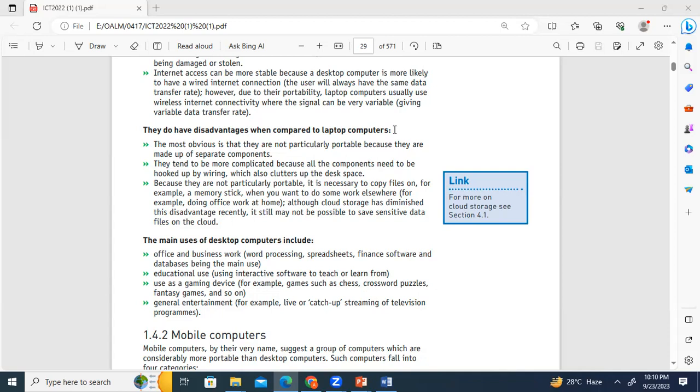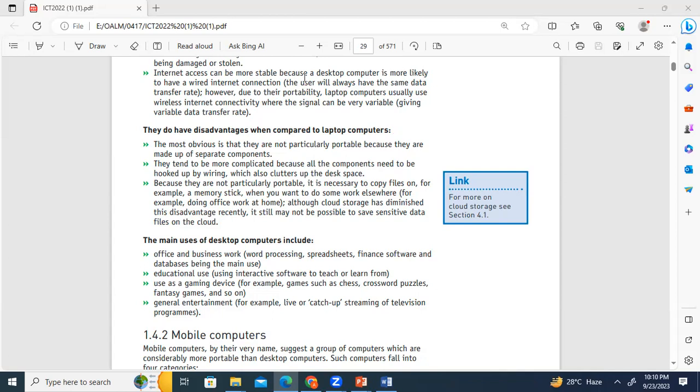It is used to teach or learn from, like interactive software. The third use is as a gaming device for playing any games, online games, such as chess and crossword puzzles. And the fourth one is general entertainment. We could watch any live stream or any other video we want.